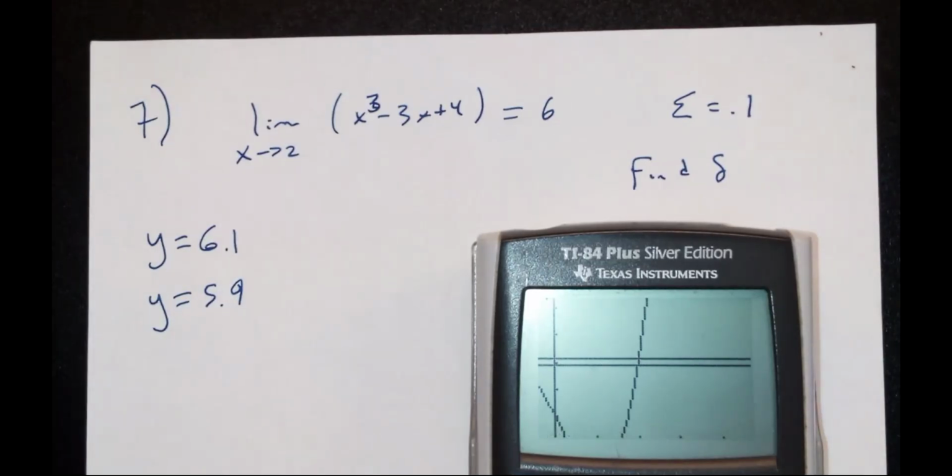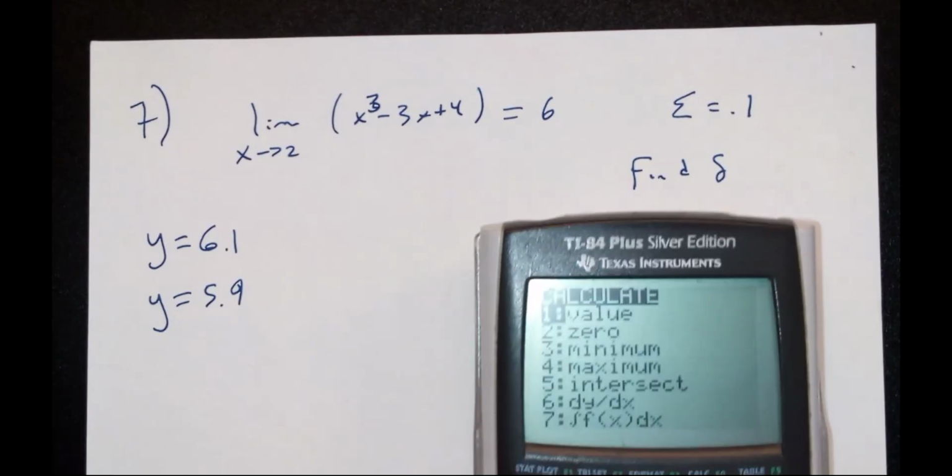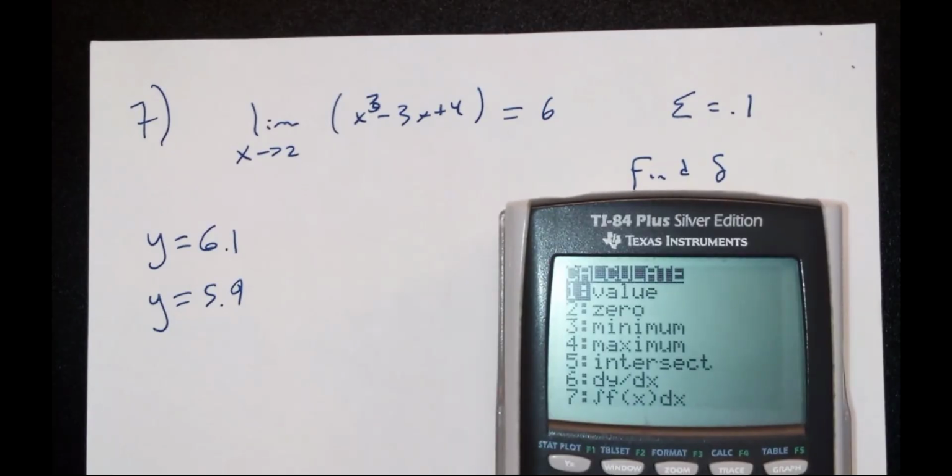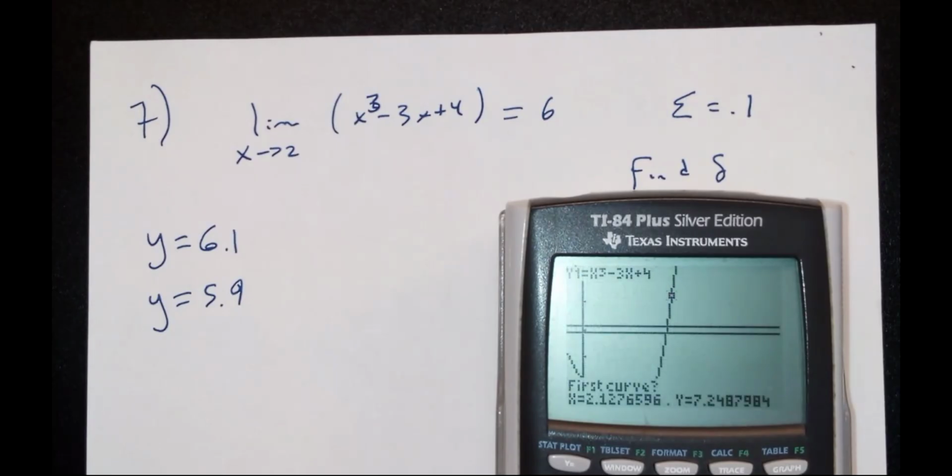I could try and do this by hand, but I have a picture. So I'm going to ask the calculator, where do these two things cross? By hitting the calculate button, second trace. Notice option 5 asks where two things intersect. The first thing is going to be my equation.